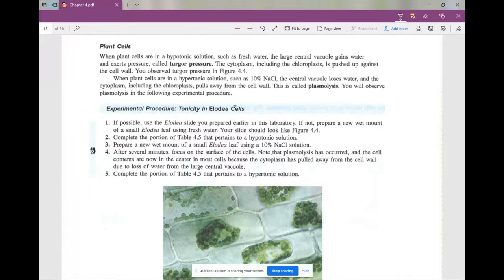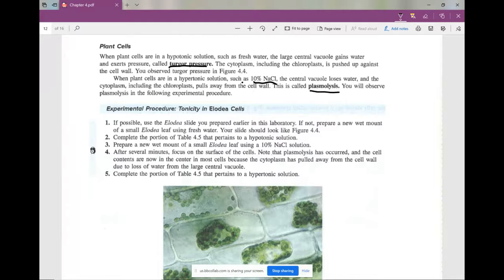When plant cells are in a hypotonic solution, such as fresh water, the large central vacuole gains water and exerts pressure called turgor pressure. The cytoplasm, including the chloroplasts, is pushed up against the cell wall. When plant cells are in a hypertonic solution, such as sodium chloride, 10%, the central vacuole loses water and the cytoplasm, including the chloroplasts, pulls away from the cell wall.